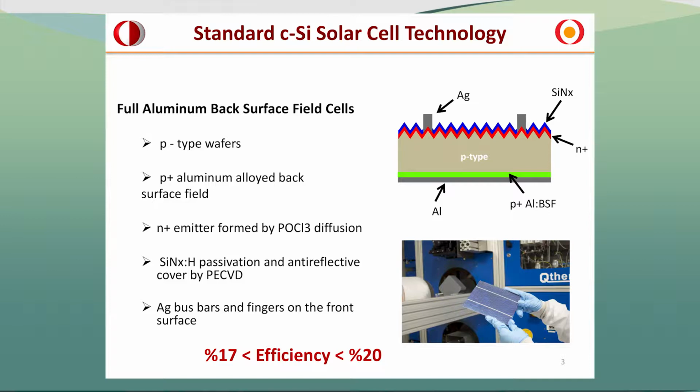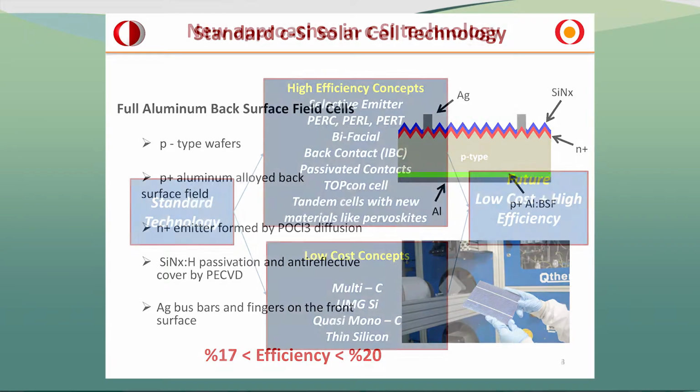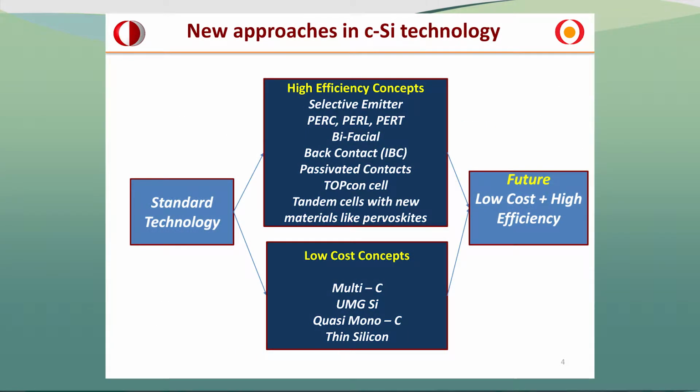The efficiency of these cells is in the range of 17 to 20%. It depends on several things, but the maximum efficiency you can reach is about 20%. If you want to go beyond this 20%, you should apply some new device architecture.